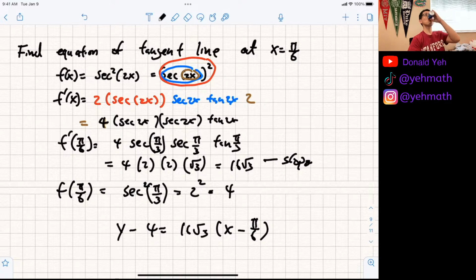But if it wasn't trig, then there would only be 2 of them. If you have x squared plus 1 to the second power, it'd be 2 times the parenthesis x squared plus 1 to the first power times 2x. That's fine. But as far as bringing it over and over, that's probably more likely.